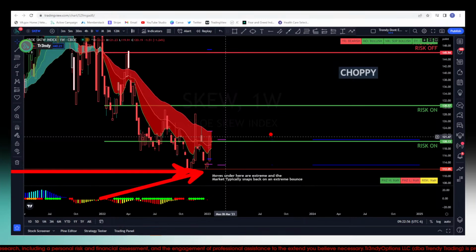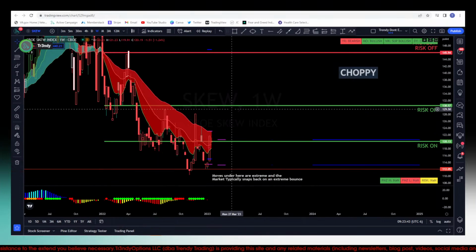When all of my things line up, boom, the market's coming into demand, people are scared, everybody's on the put side, participants can't see anything but fear, and the skew is down here, we're typically about a week to a couple days early, but we're on the right side. That's what I'm seeing.